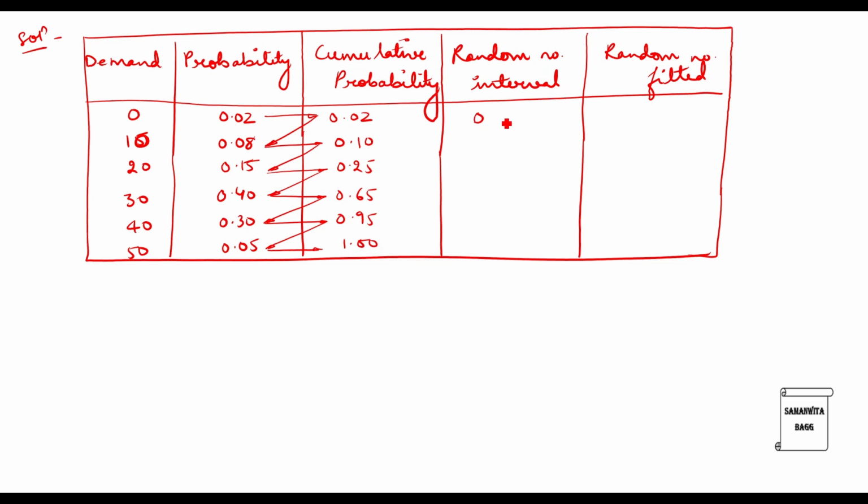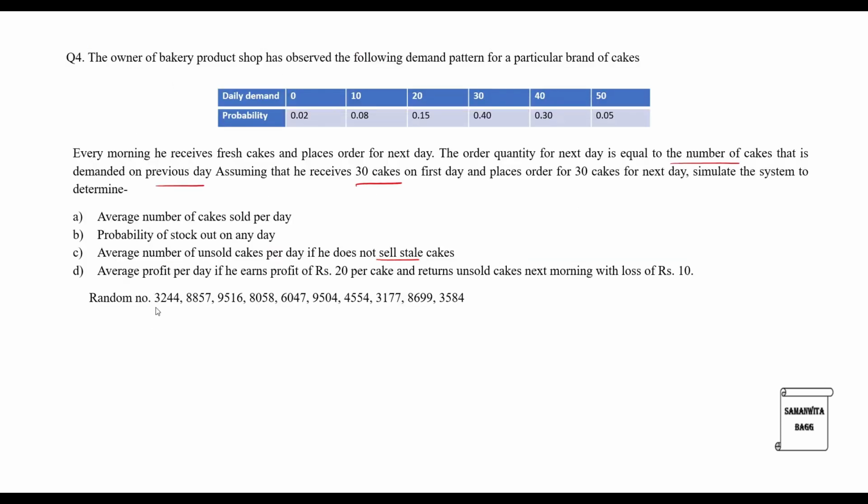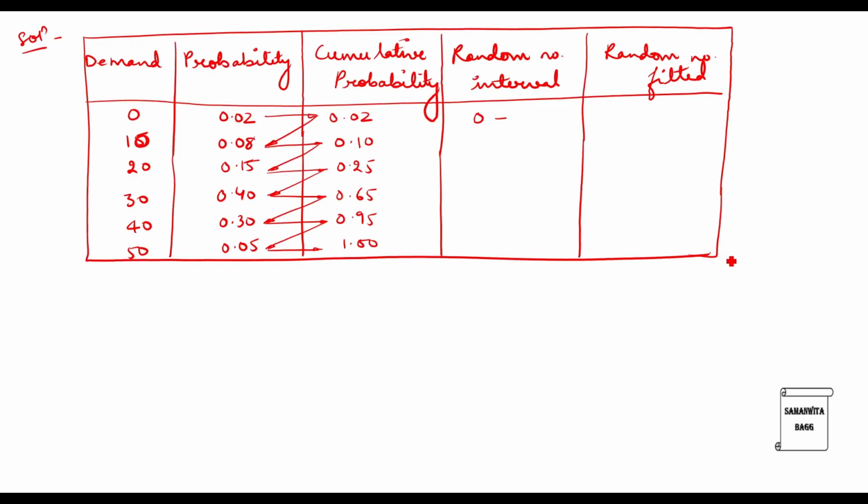Next we'll talk about the random number interval. We will obviously start with 0. If you check these numbers, the highest value that is possible over here is 10,000, because the number which you see here is 9,000 something. For getting 10,000 over here, I have multiplied all these numbers with 40.